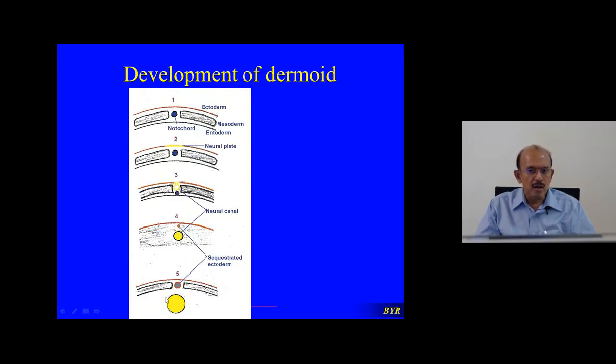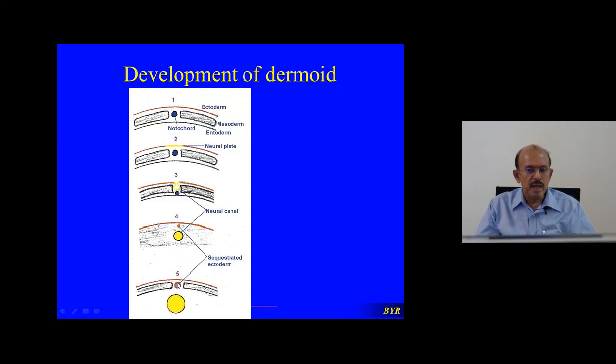This neural canal burrows deep and now forms the brain and spinal cord. The sequestered ectoderm has sebaceous glands, sweat glands, and an epidermal layer. So the epidermal layers exfoliate, and the sebaceous glands secrete a lot of sebum.